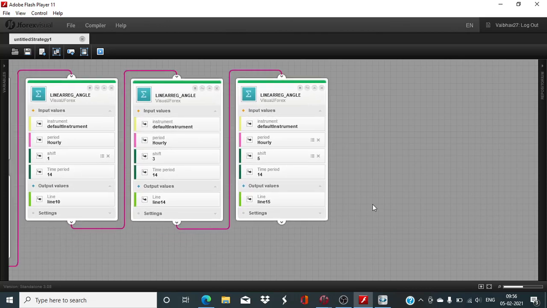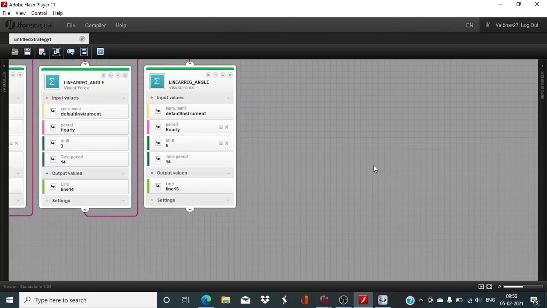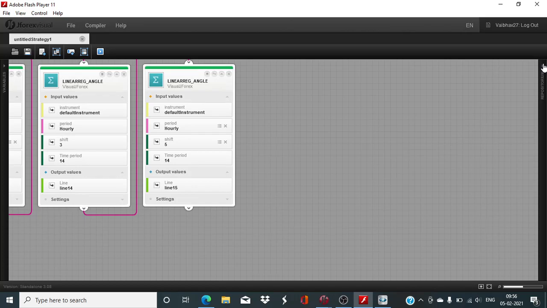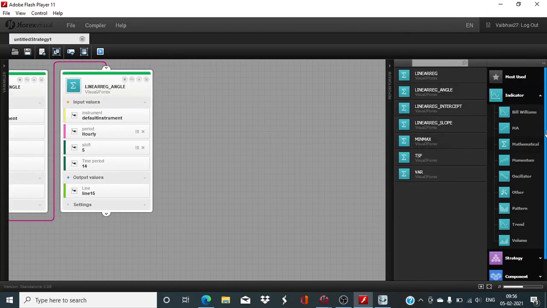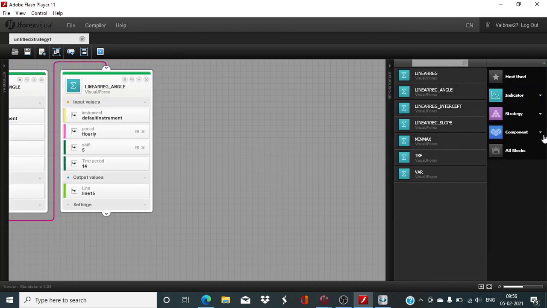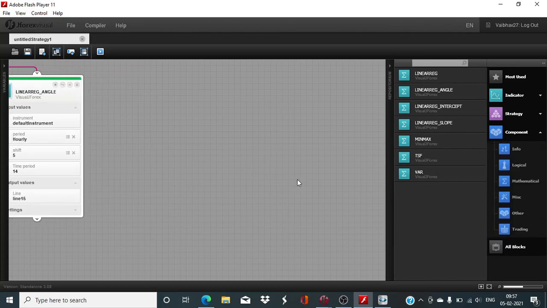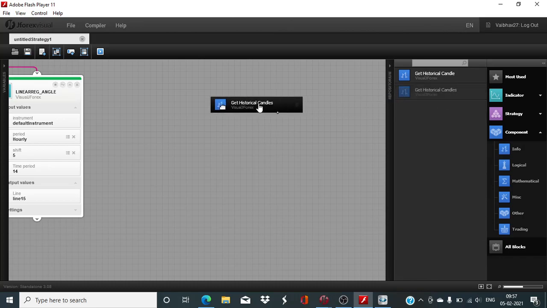And to pinpoint the entry and exit points, I will also have to add the historical candles. And as I said, we also have to look at the volatility prevalent. So I will also take the multiple historical candles, and for that, to retrieve the info, this second block of get historical candles, in which we will have multiple hourly candles.